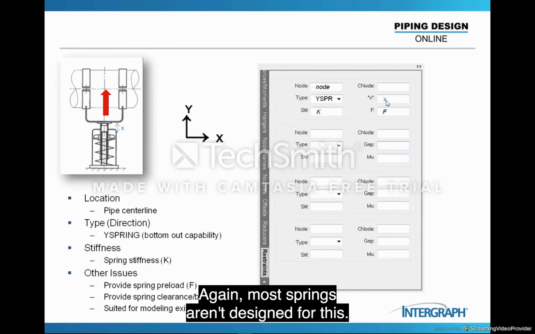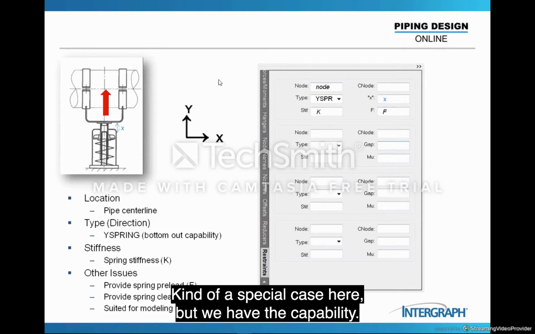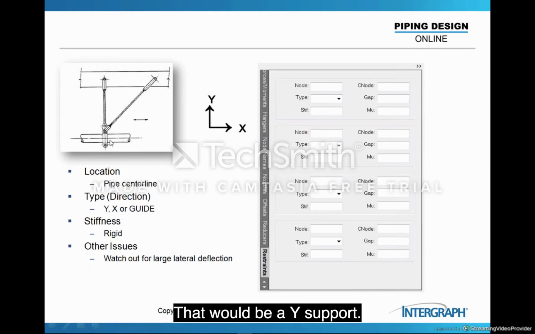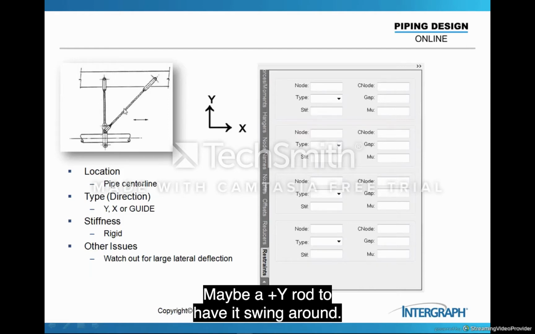Again, most springs aren't designed for this, but if you have an existing system and you see it bottomed out, you could model it. Or if you're going to cut into that line and do more work with it, you would want to include that in your analysis as well. Kind of a special case here, but we have the capability. Here's a support where it's basically a rod. That would be a Y support, maybe a plus Y rod to have it swing around.